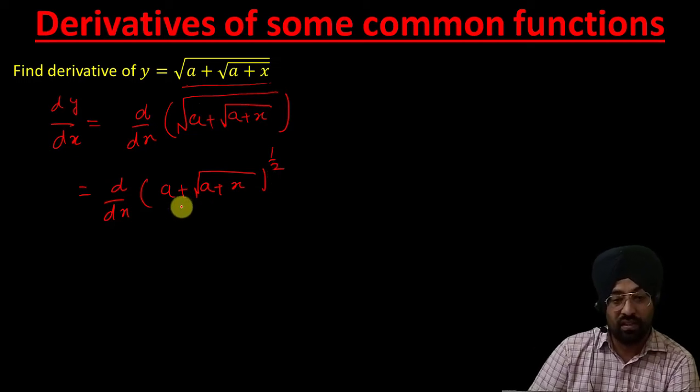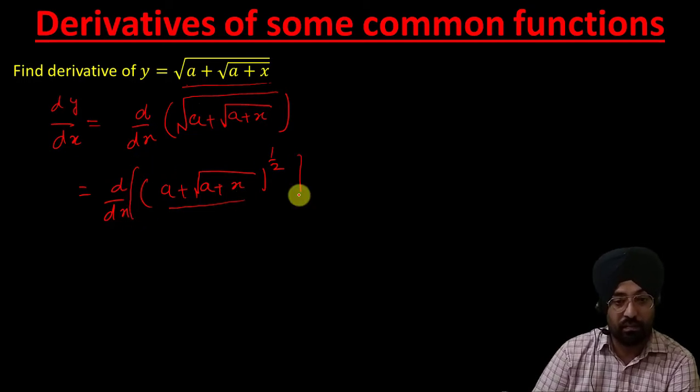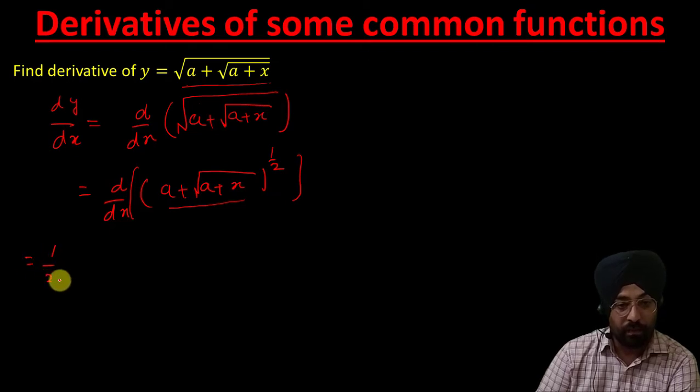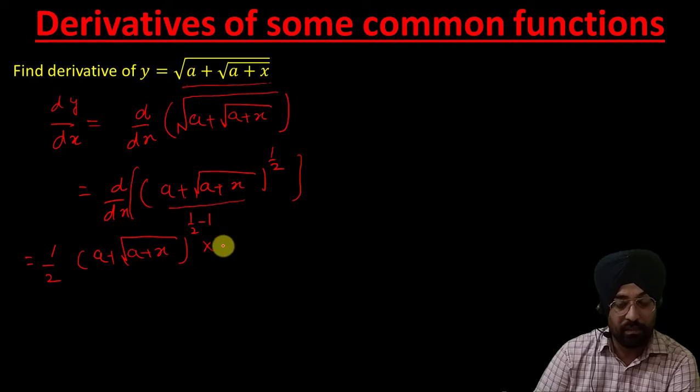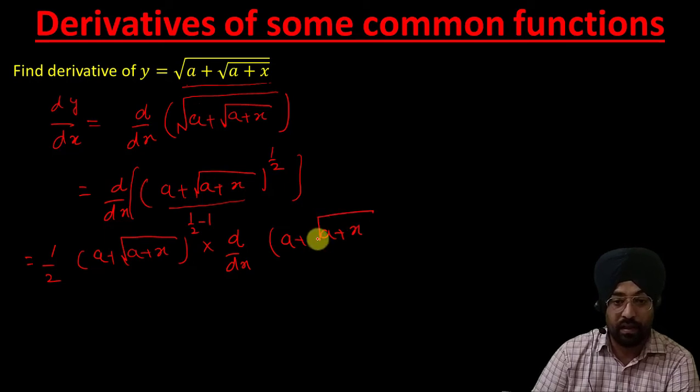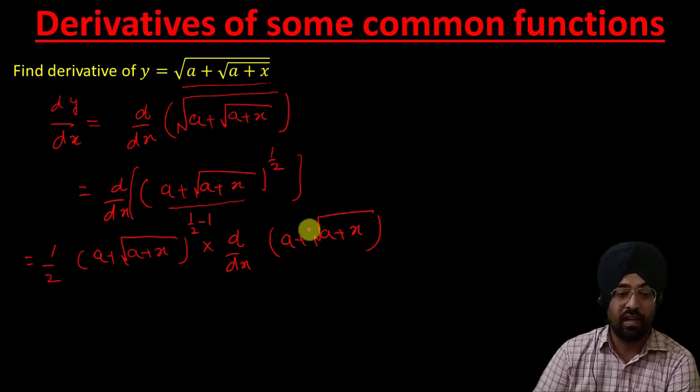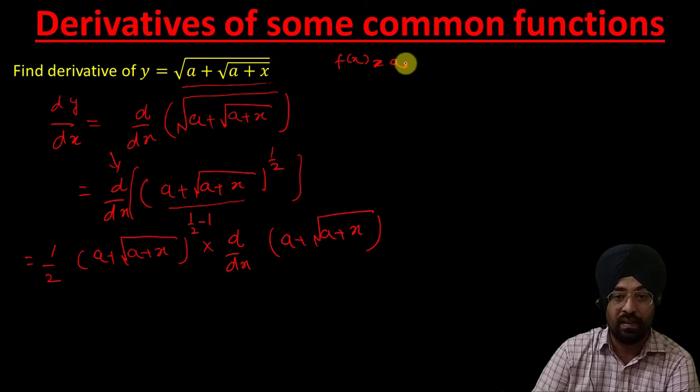Now applying this formula, consider this as our f(x). The derivative of this function becomes half times (a plus square root of x) raised to the power half minus 1, multiplied by the derivative of (a plus square root of x). Here I have assumed f(x) as a plus square root of x.